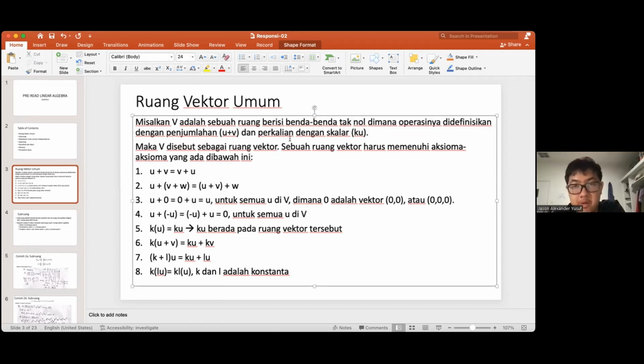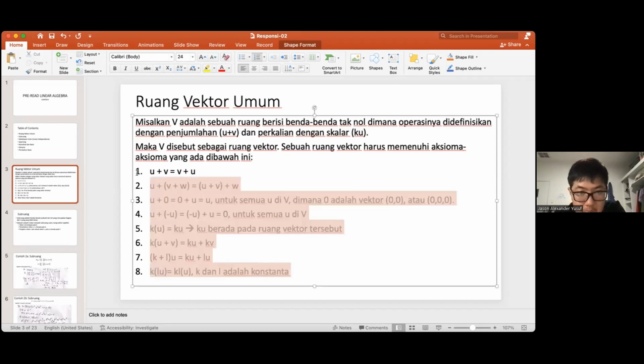And inside that V, those objects can be defined by a summation and a scalar multiplication. Should these two conditions be met, u plus v and k times u, then V is called a vector space. And a vector space must fulfill the following axioms below.